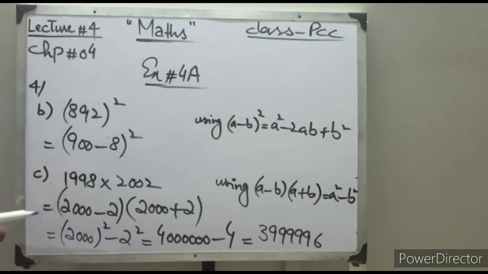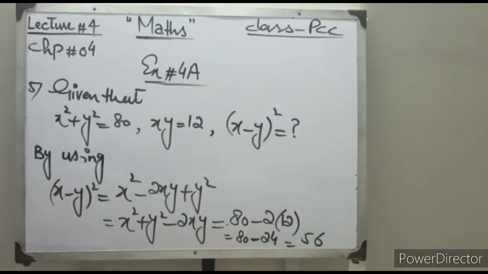So according to this identity, we may write 2000 whole square minus 2 square. 2 square is 4, and just double the quantity of zeros. Here we have 3 zeros, but in the answer we will write 6 zeros. Minus 4, the final answer will be 3,999,996.